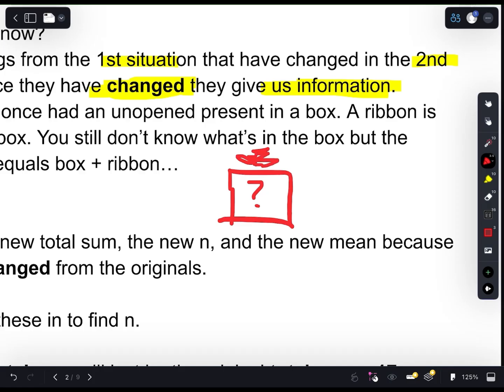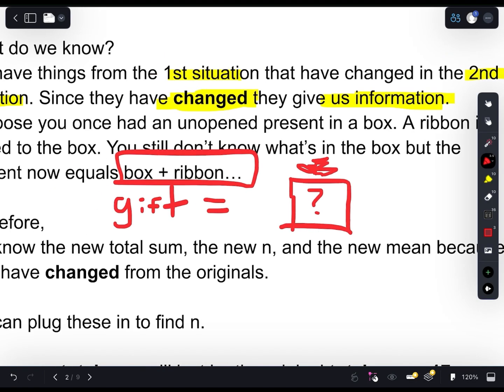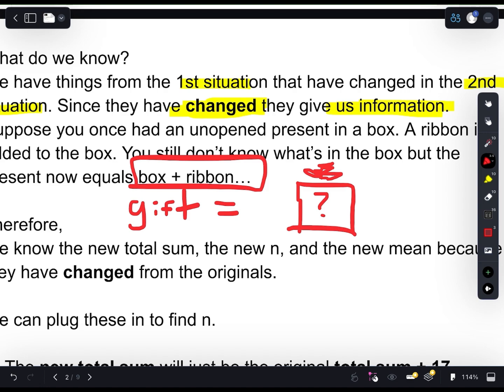You still don't know what's in the box, so we could say the gift or the present equals the box plus the ribbon. So this is just an example to show you that when something changes, it now becomes what it has just changed to. So the gift was a box, but now the gift is a box plus a ribbon.